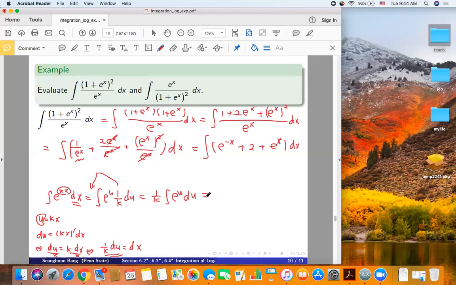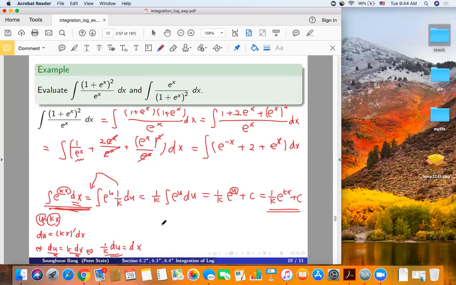We already know the integral of e to the u is 1 over k e to the u plus c. And change back. This u is here, kx. 1 over k e to the kx plus c. So it's better if you memorize the general rule: integral of e to the kx equals 1 over k e to the kx.